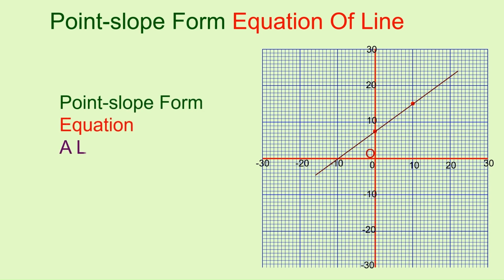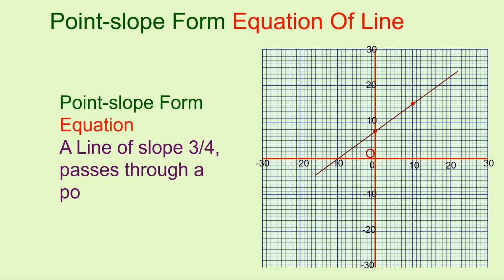Point slope form equation of a line of slope 3/4 passing through a point (10, 15).